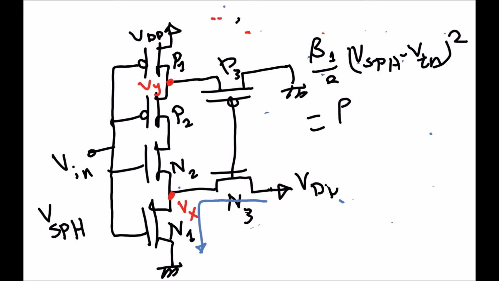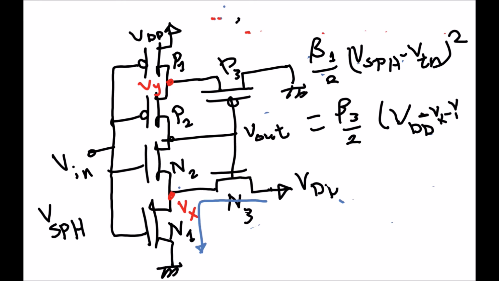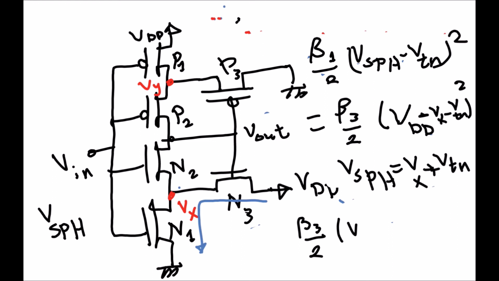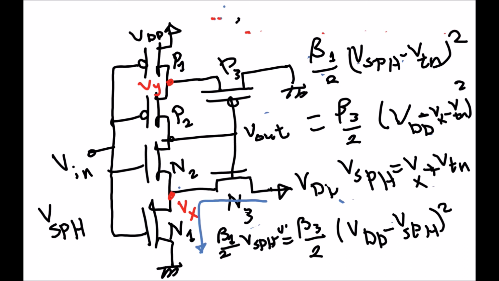This will equal beta 3 over 2 times (VDD minus Vx minus VTN) squared. At the switching point, V switching point high is 1 threshold voltage above the source voltage of N2, so equal to Vx at this moment plus V threshold N. If we substitute here, the current equals beta 3 over 2 times (VDD minus V switching point high) squared, equal to beta 1 over 2 times (V switching point high minus VTN) squared.